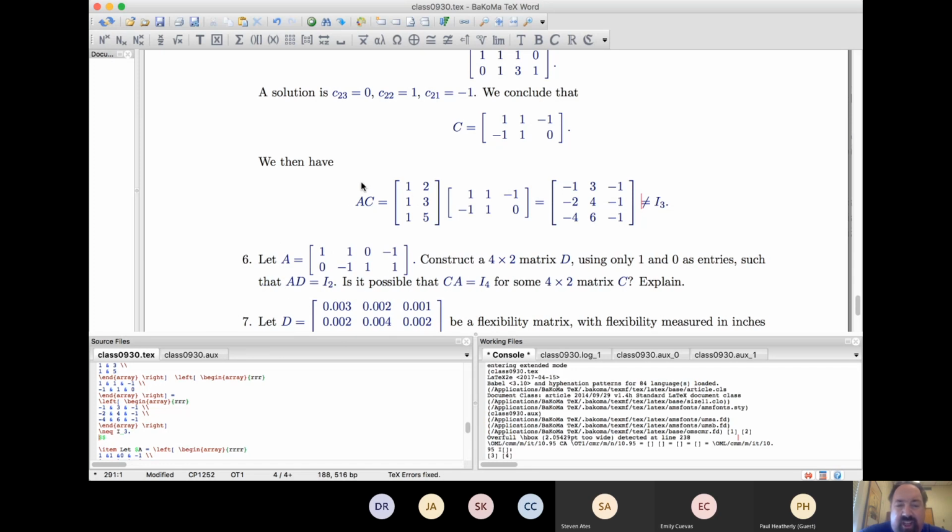C times A is a 2x2 identity, but A times C is not the 3x3 identity. So there's no way that the matrix A can be made invertible because it's not square. You know that going in. But here we see that even if you do find a matrix that gives you identity from the left, it won't do it on the right.